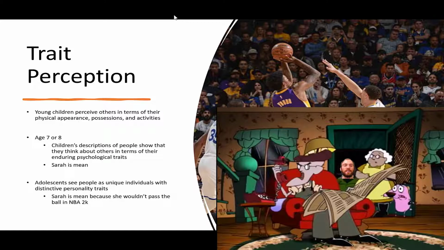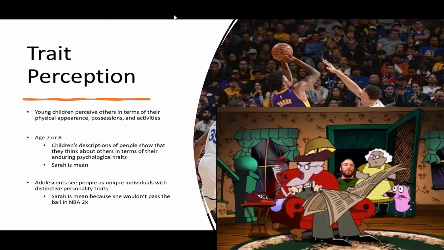So the idea here is that as children age, they are able to not give these blanket statements of Sarah is mean, but rather recognize that people are unique individuals and have different motivations. But they're also ascribing a reason for, quote-unquote, Sarah being mean. In this case, Sarah's not passing me the ball in this video game.